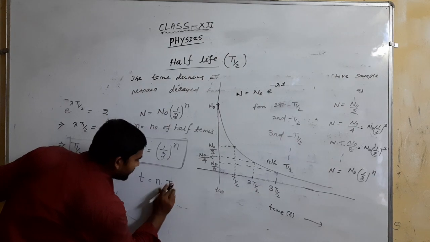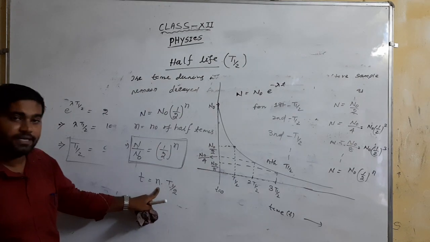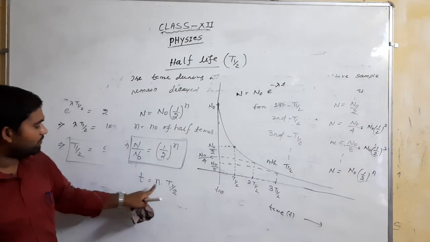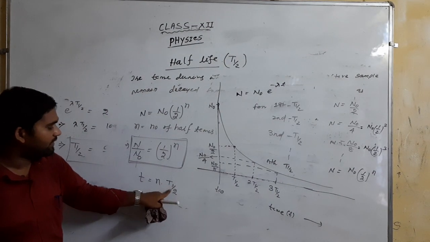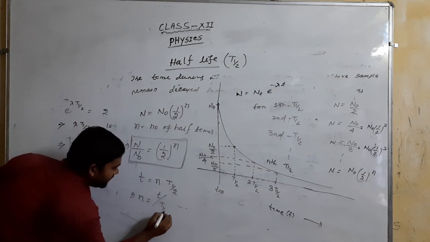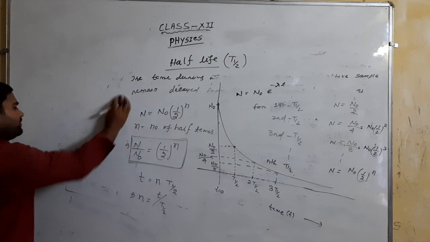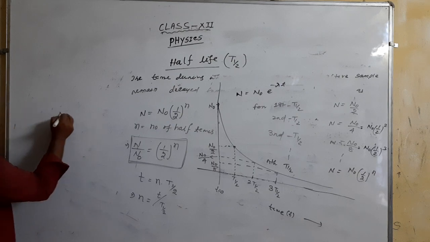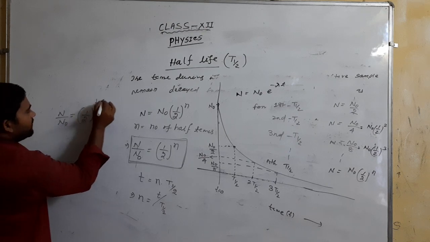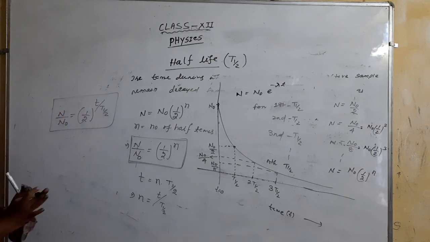So the total time t equals n half lives, that means n into t half. That implies n equals t by t half. If we replace here, we find N by N0 equals 1 by 2 whole to the power t by t half. This is also another formula, and it will help you in problems.